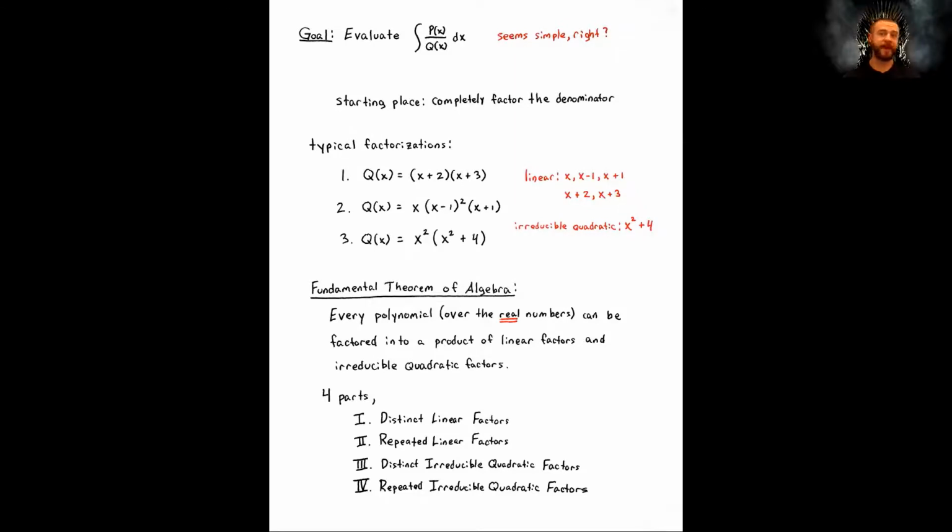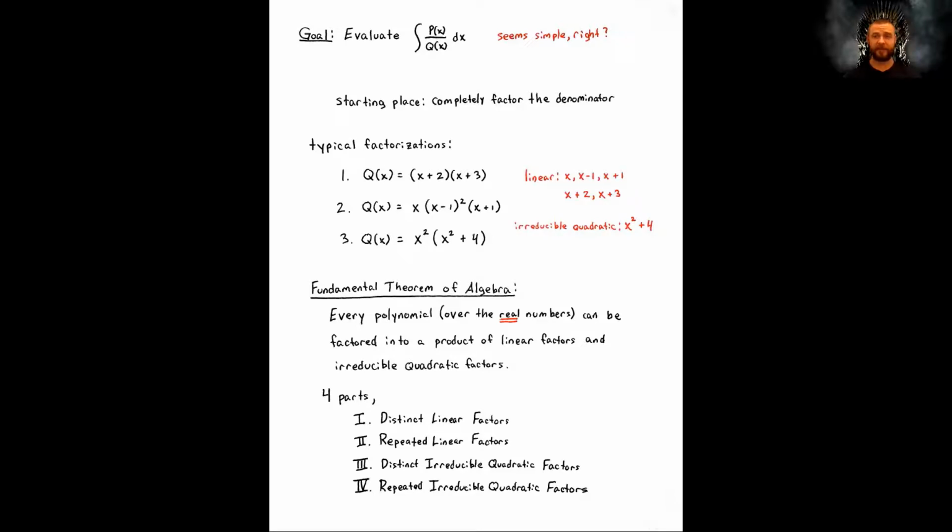So we have 2 types of factors, linear or irreducible quadratic factors. Each of those types could be distinct, not occurring again, or unique, or they could be repeated. So we have in total 4 possibilities: distinct linear factors, repeated linear factors, distinct irreducible quadratic factors, and repeated irreducible quadratic factors.